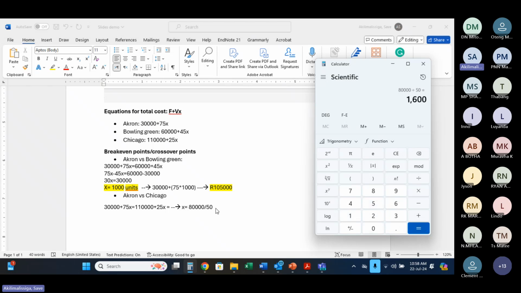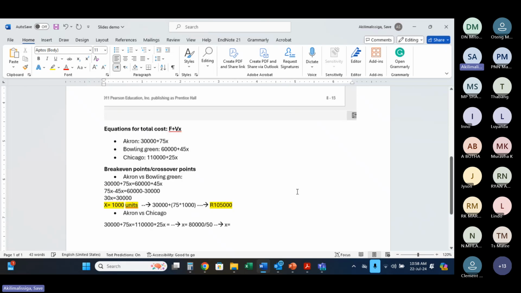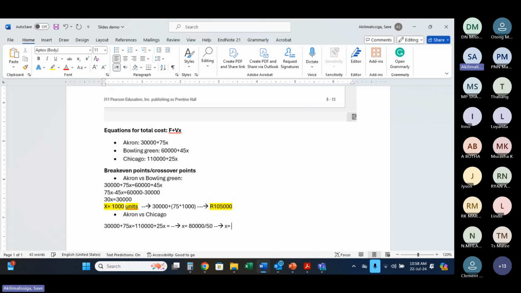Guys, if you don't understand, feel free to let me know. And that gives us a value of x equals to 1,600 units.